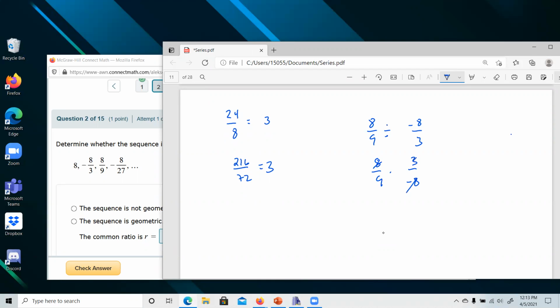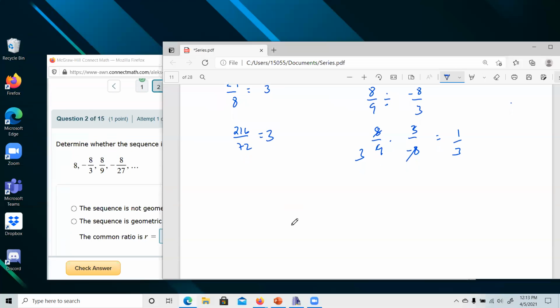One of those cancels, and we get negative 1/3. That looks promising. Let's try negative 8/27 divided by 8/9. That's going to be negative 8/27 times 9/8. Those cancel. 9 into 27 goes 3 times, and that should be negative. And we still end up with negative 1/3.